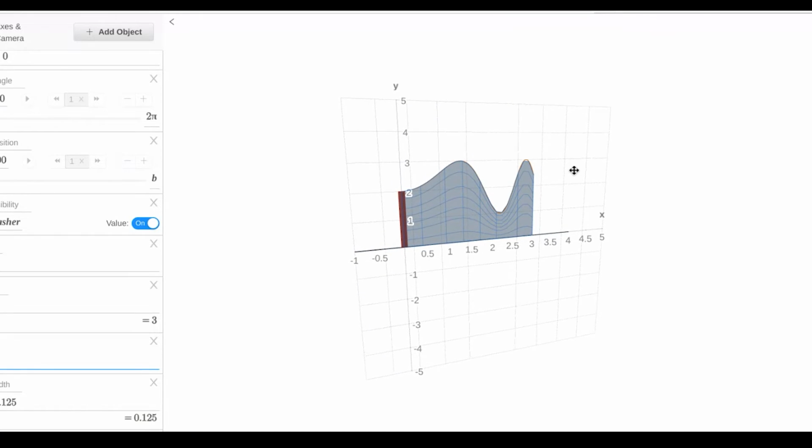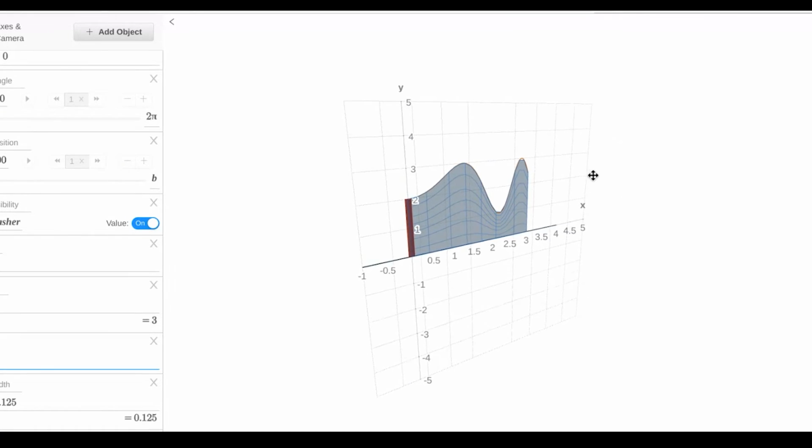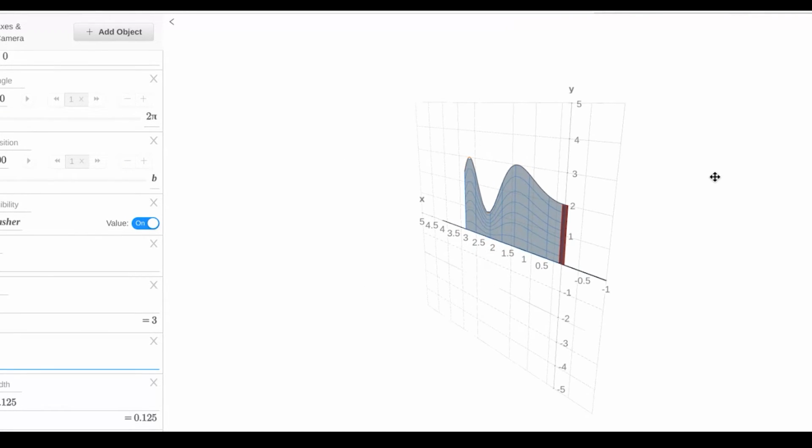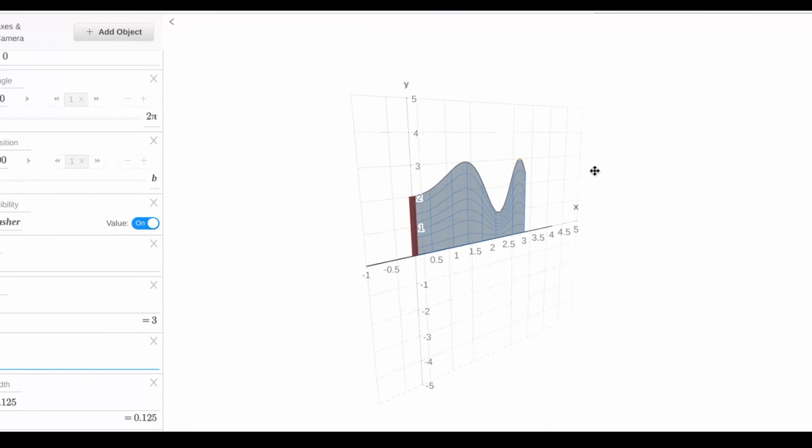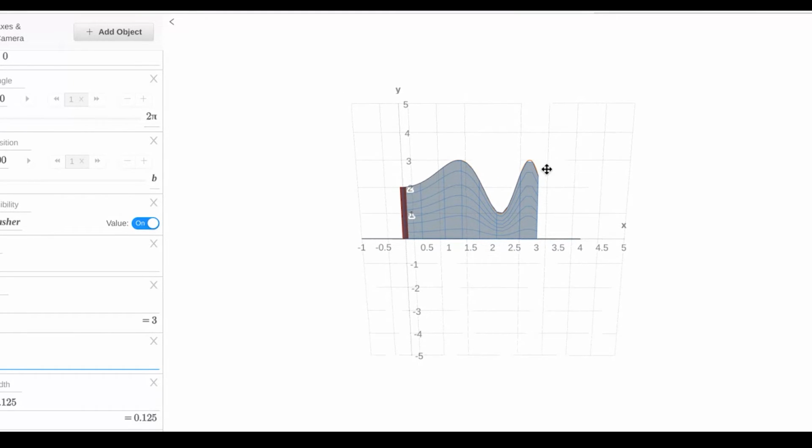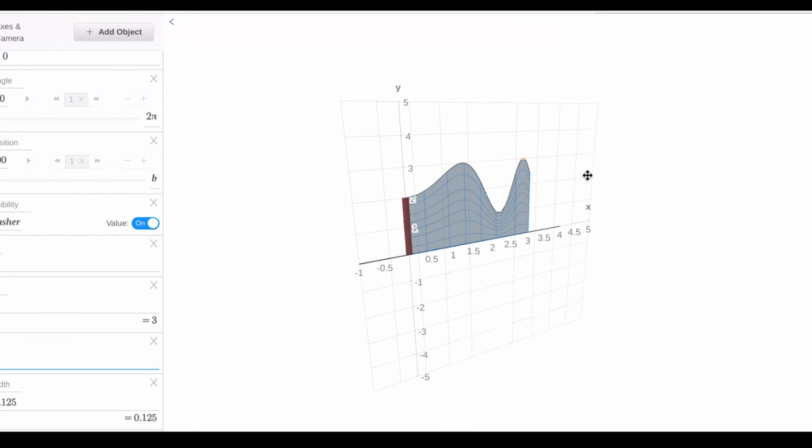I'm going to rotate this xy plane all the way. So there's the back end. Here's the front. This is what it looks like when you look at it dead on, right? As we rotate that region, can I grab this? It's not going to let me do that. There we go.